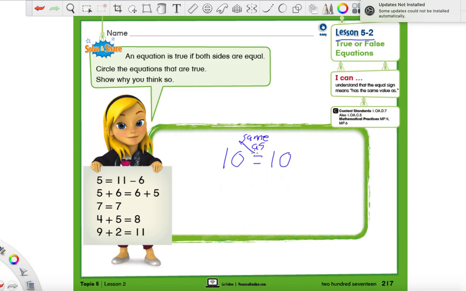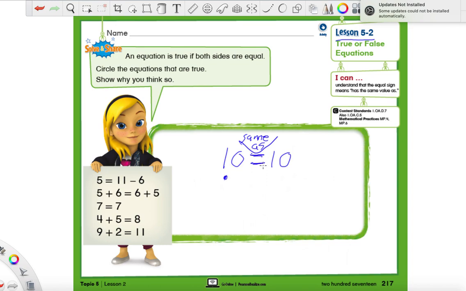So if it helps, you can think of this equal sign just saying the words the same as. Is 10 the same as 10? Well, it sure is. And you could even draw the dots if that helps.